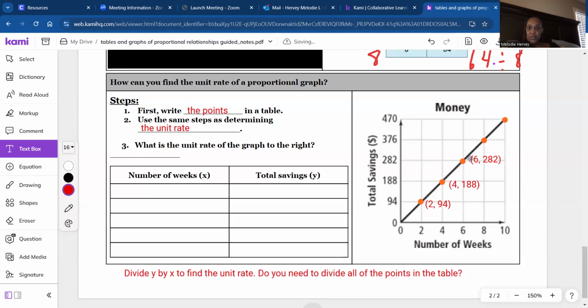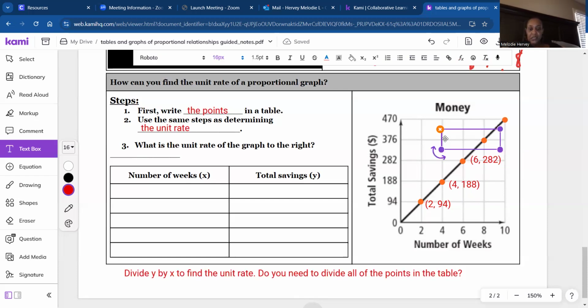And then the next one, I'll put it over here on this side, is at (8, 376). And then this one up here is at (10, 470). All right. So these are the ordered pairs.